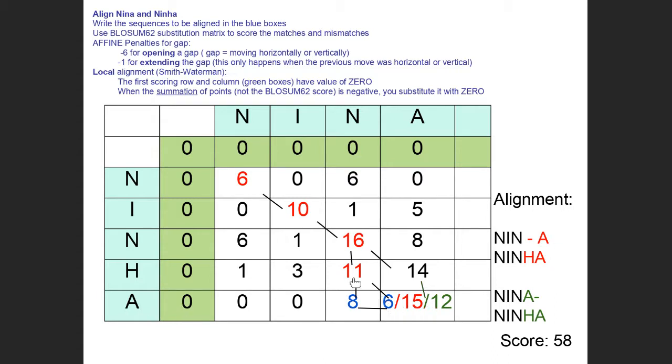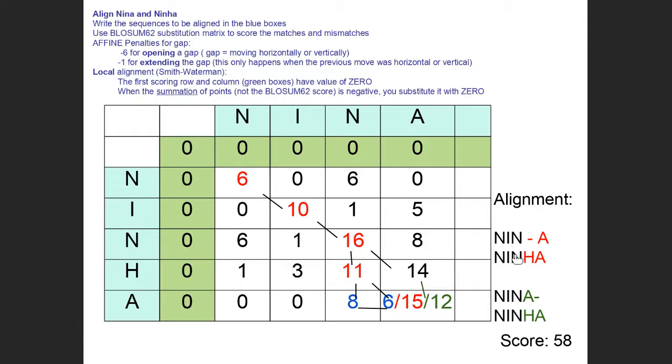All right, now I am here. How did I end up here? Going down, which means there's a gap somewhere. The gap is for that H, because if I go up, this N and this N align with each other.